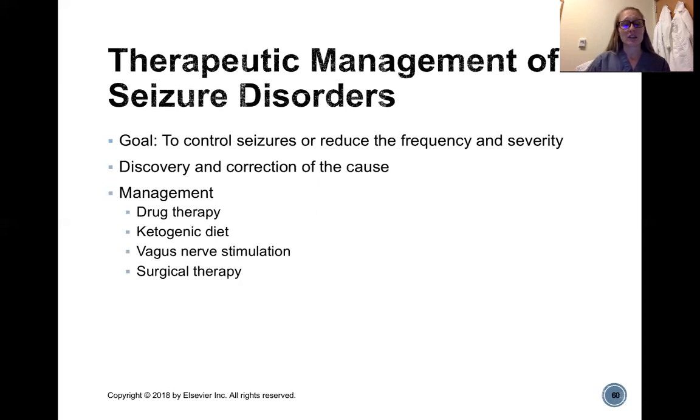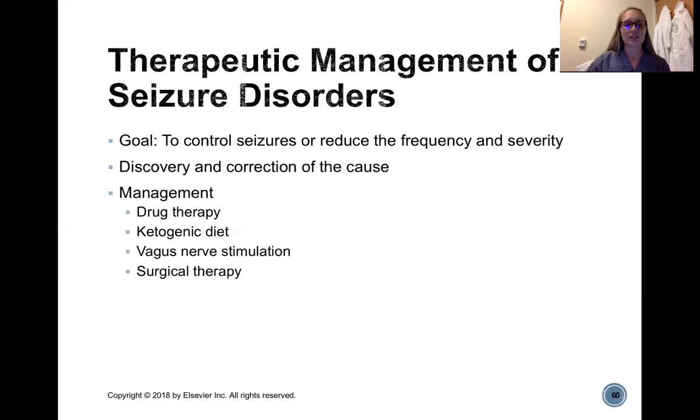In fact, the ketogenic diet is quite the fad diet right now, so many of you may have heard of it. However, it's a diet that's very high in protein, high in fat and low in glucose. So essentially what happens is the body starts to process fat as its energy source instead of glucose.